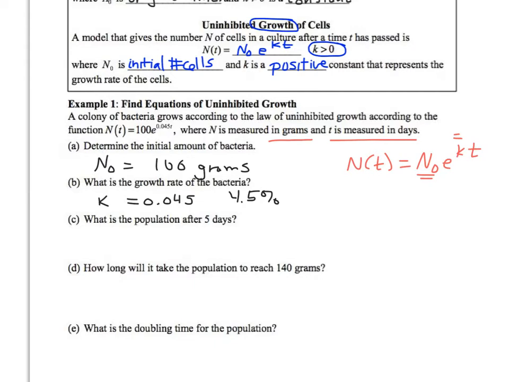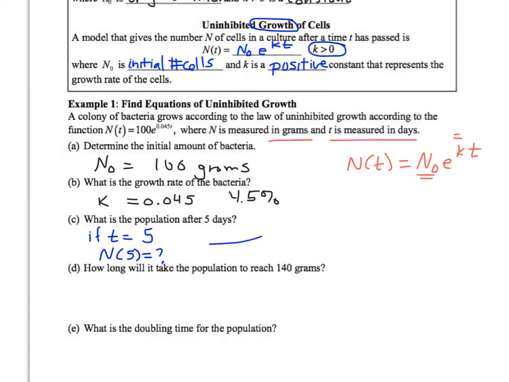Now, all the rest of these problems really just take into account what is t and what is N for certain values. Part C says, what is the population after 5 days? So if t is 5, then what is N of 5? We're trying to find the number of cells after 5 days.